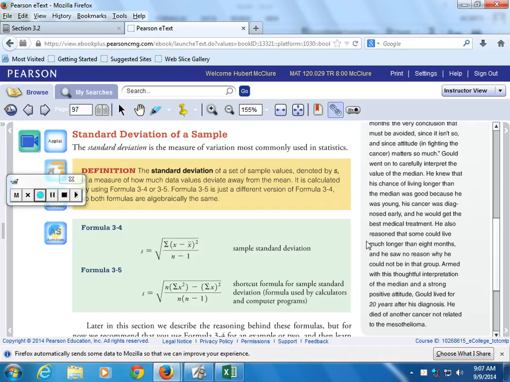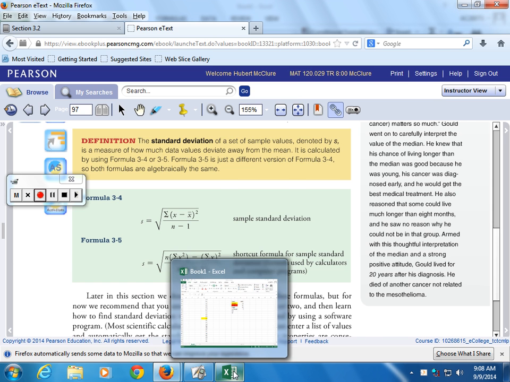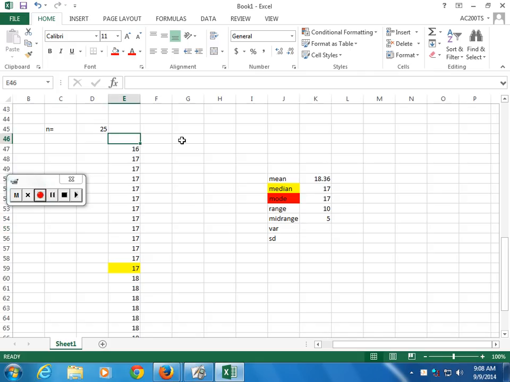Okay? So, we're going to have to use the spreadsheet to take x bar away from x and square it. So, let's go back to our handy dandy spreadsheet, and I'll call this x, and the next column would be x minus what?